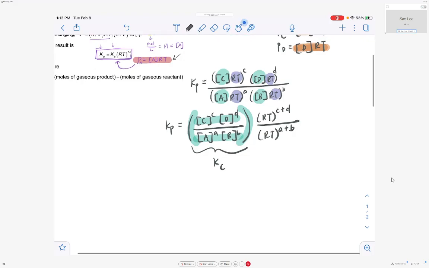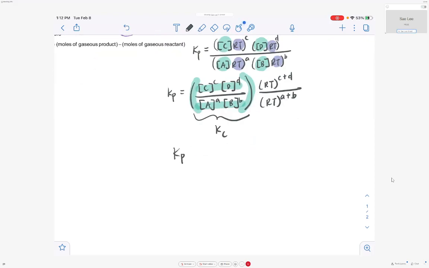Therefore, Kp equals Kc times RT raised to the power of the coefficients C plus D minus the coefficients A plus B.